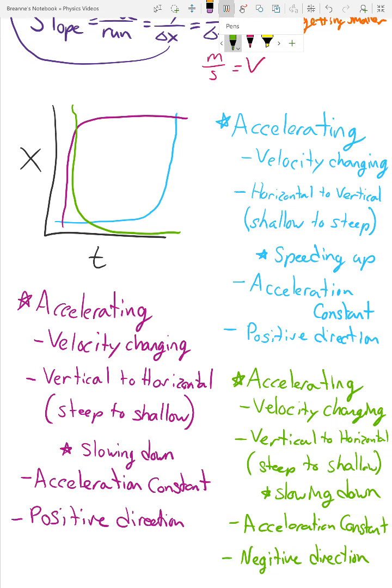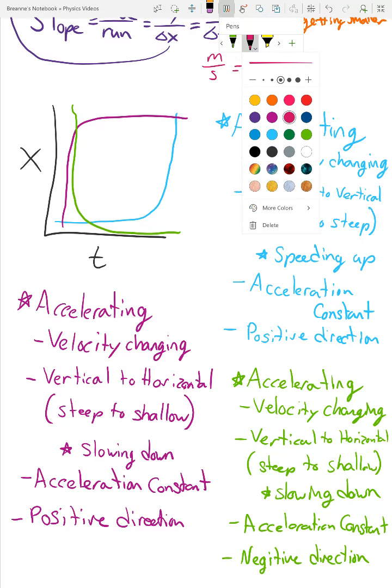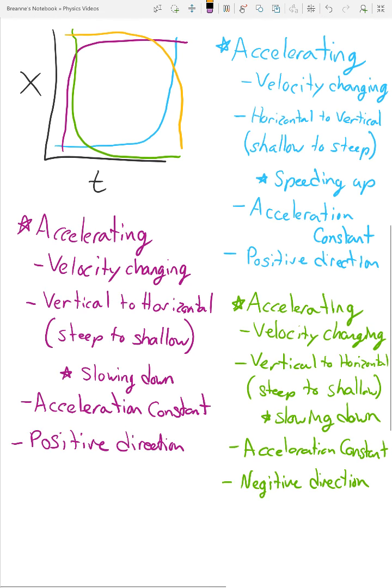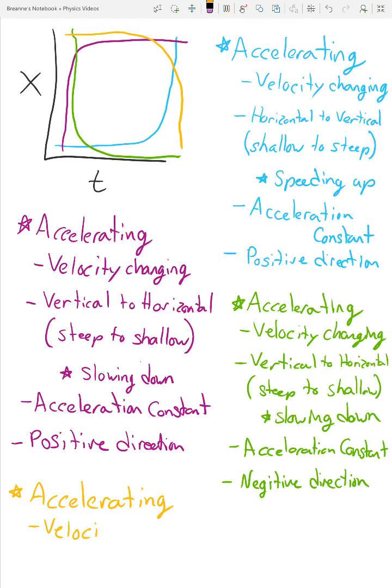We have one more curve to deal with. So our last one goes like this. So we're still accelerating because there's a curve. It's always accelerating. If there's a curve, if it's accelerating, our velocity is always changing.